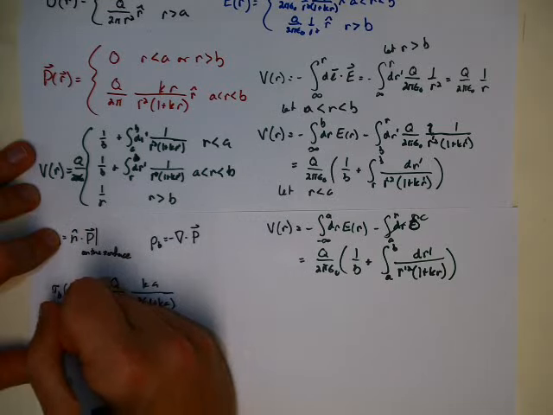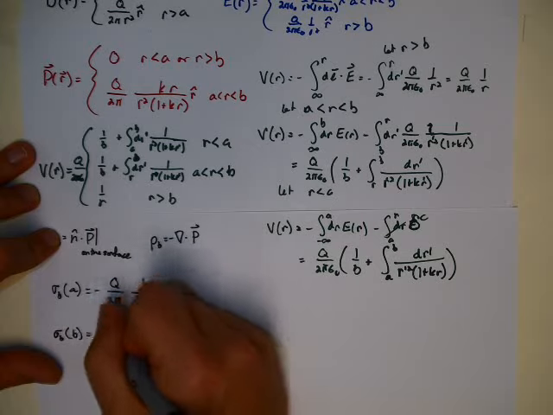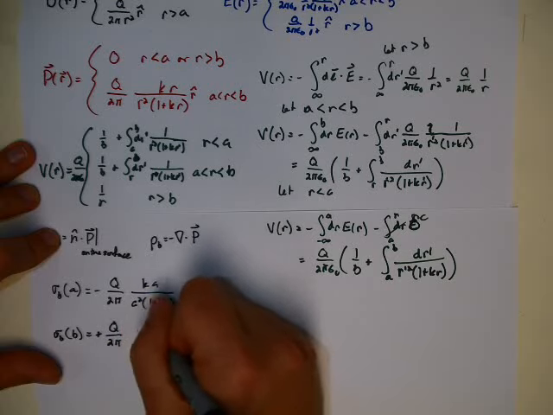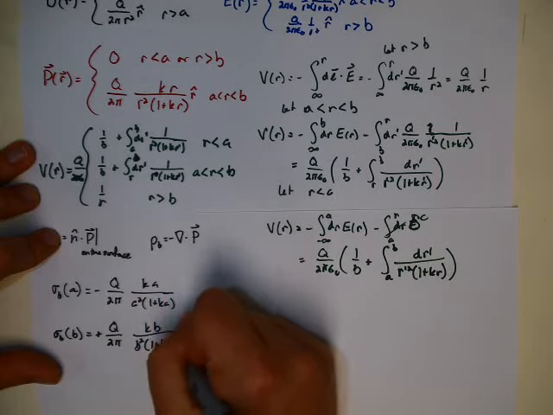And then on the outer surface, it's a plus Q over 2 pi Kb over b squared, 1 plus Kb.